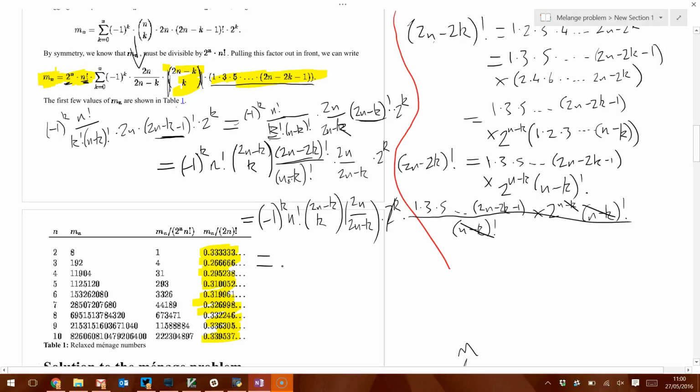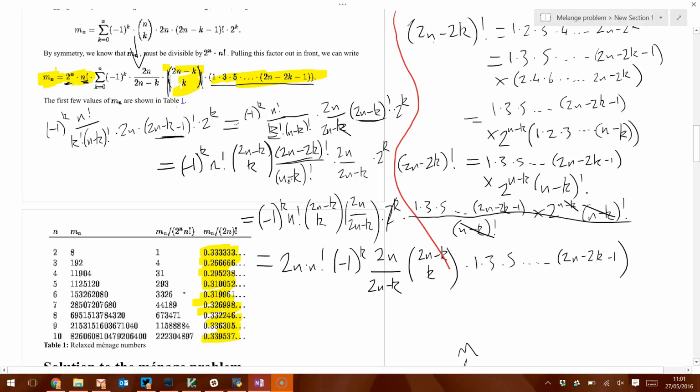I can take out my 2 to the n and my n factorial, 2 to the n dot n factorial, minus 1 to the k, 2n over 2n minus k, 2n minus k, choose k, times 1.3.5. all that stuff, 2n minus 2k minus 1. There we go. So there's our factor of 2n n factorial to pull out.